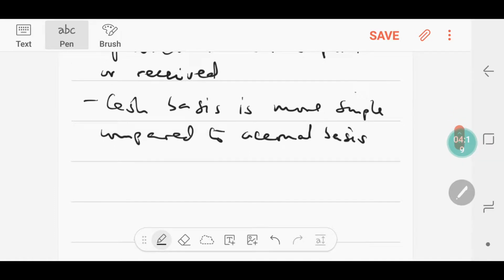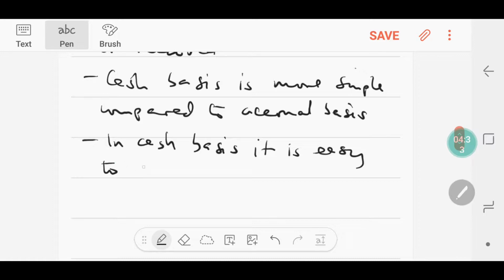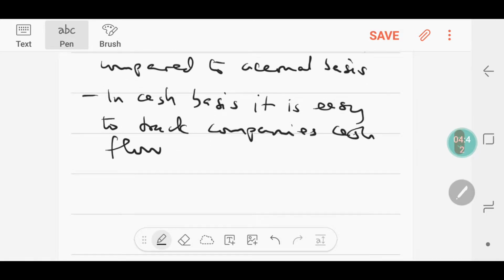Another difference between cash basis and accrual basis is that in cash basis it is easy to track the company's cash flow as compared to accrual basis.